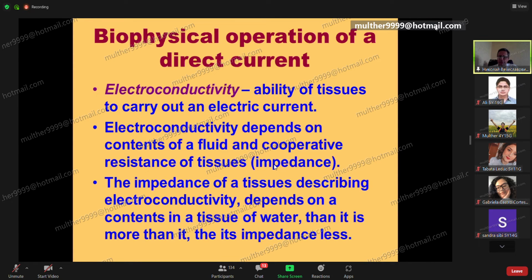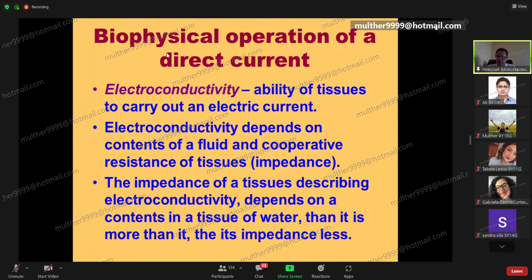Let's remember a few main biophysical properties which provide direct current operation. Electroconductivity is a basic ability of tissues to carry out an electric current.